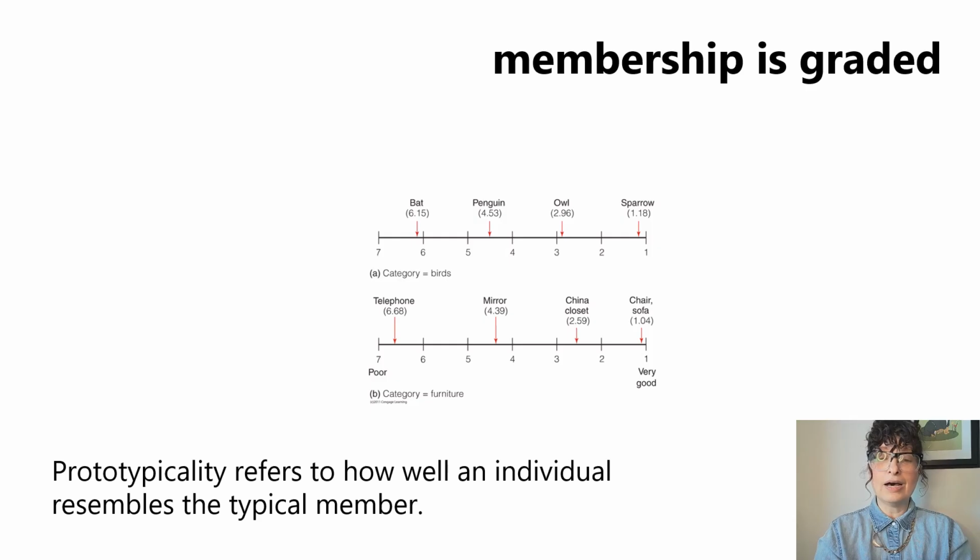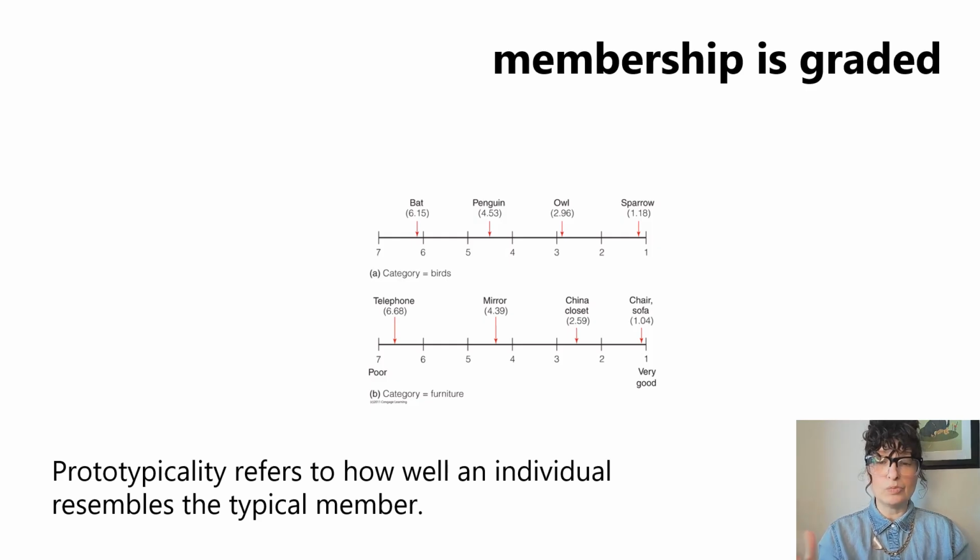Typicality involves making judgments about how well objects represent particular categories. And one of the things that this approach suggests is that membership is graded. So graded membership refers to the fact that objects which are closer to the prototype are better members of the category than objects that are further away from the prototype.